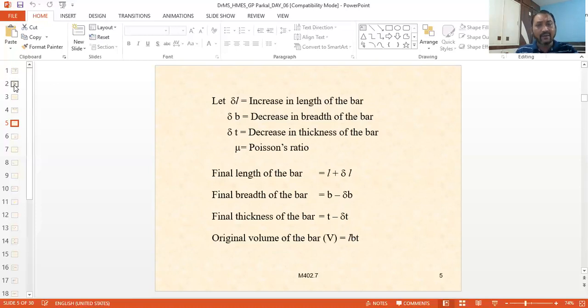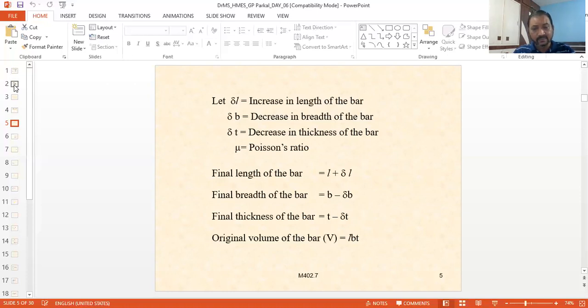Therefore, the final length of the bar is equal to L plus delta L, the final breadth of the bar is equal to B minus delta B, and similarly the final thickness of the bar is equal to T minus delta T.